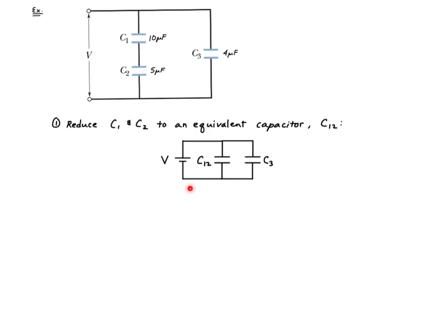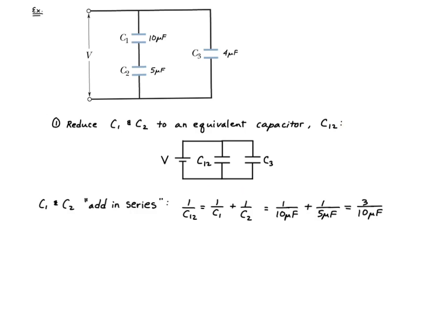Because C1 and C2 are in series, we have to add their reciprocals. 1 over C12 equals 1 over C1 plus 1 over C2. And if we put in the numbers, we'll get this, which reduces to C12 equals 10/3 microfarads.